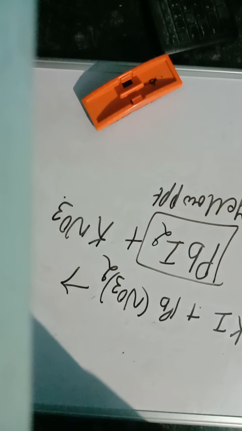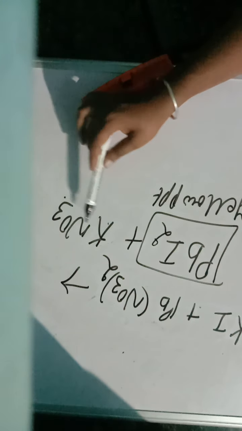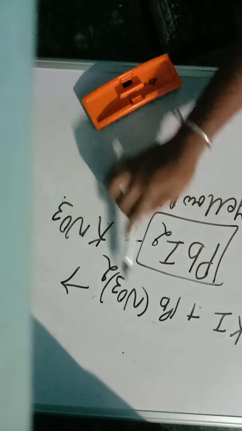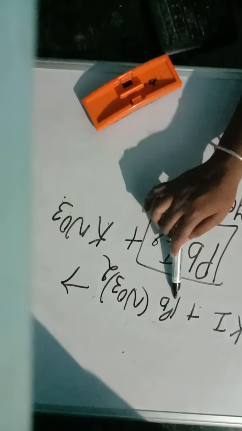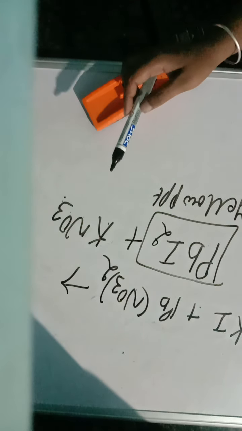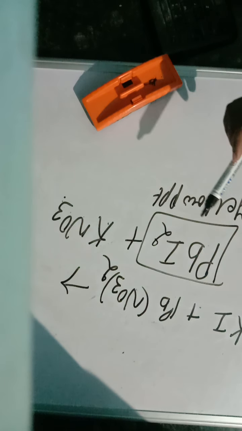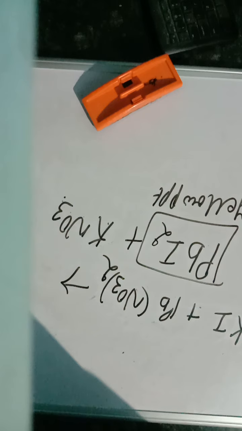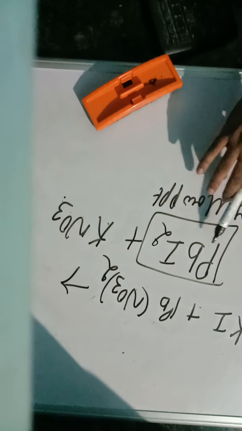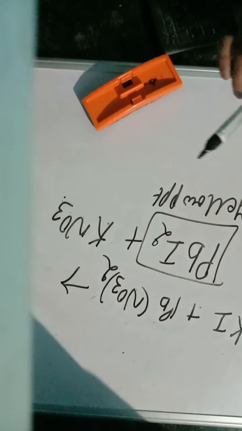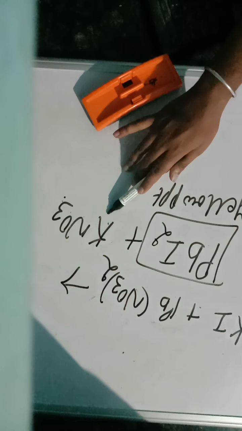Let's check the balancing of the equation, whether it is fully balanced or not. NO3, that is twice. Pb is Pb, K is there, I is 2, K is 1.